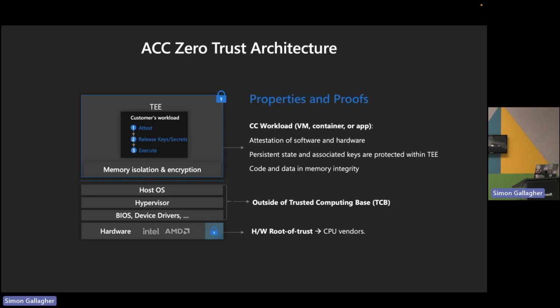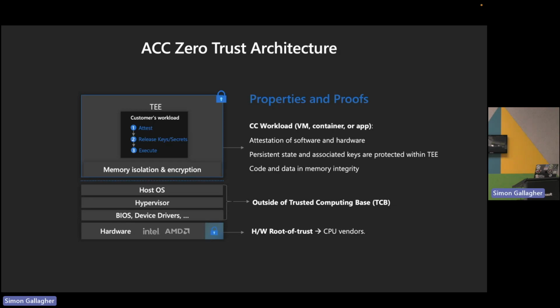You go through a cycle to attest and release secrets and keys before that VM can even be started. But the important bit for this diagram is host OS, hypervisor, BIOS, and things that sit down at this tier. These are the elements that are controlled by Microsoft and are outside of what we call the trusted compute base. So you as the customer trust what's inside this VM. You don't necessarily trust this. And it's important because it plays back to the zero trust discussion.